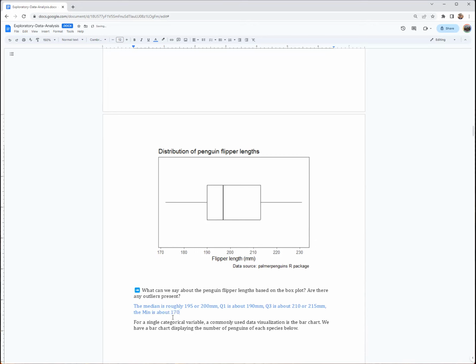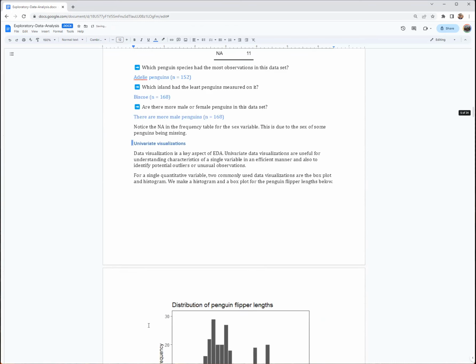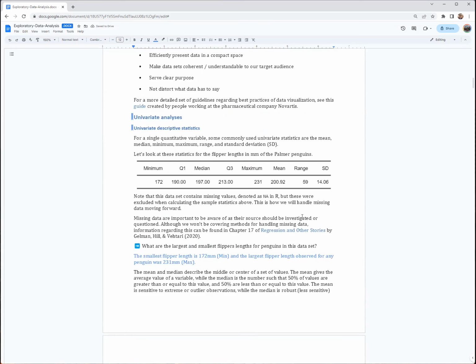We'll just say 170 millimeters. The max is about 230. And so the range is about 60 millimeters. And let's see how that holds up in the numerical summaries here.